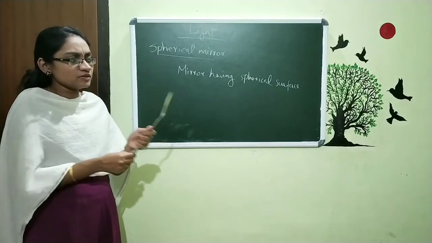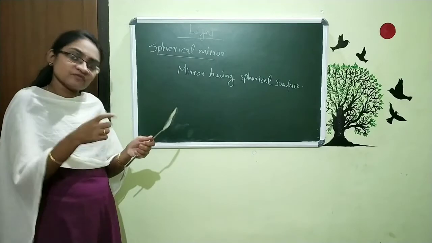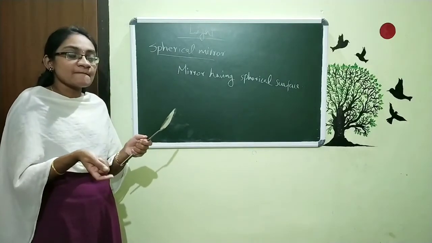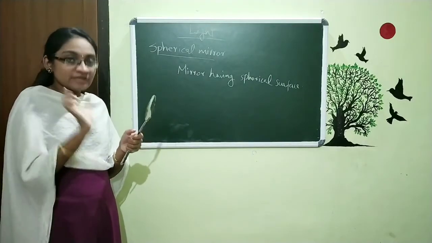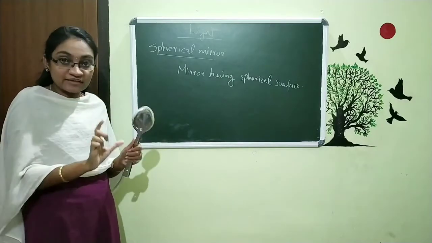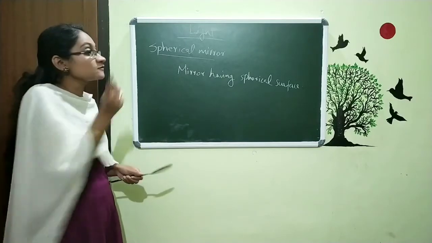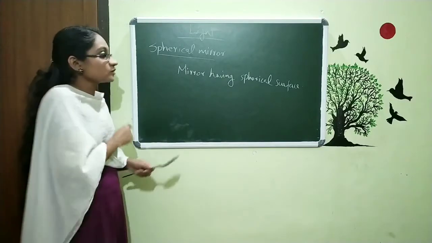Is it erect or inverted? We can discuss that later. Just understand that this surface and this surface are totally different, and they are two different types of spherical mirrors. Now we are going to discuss that.